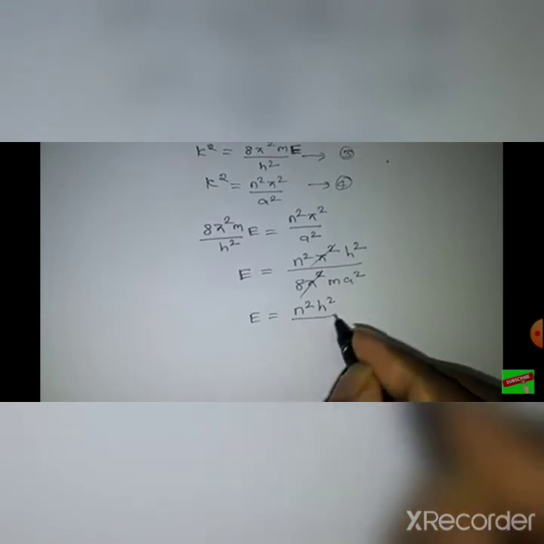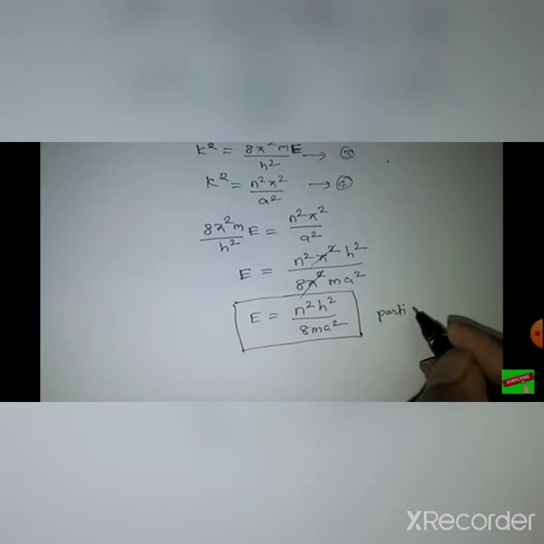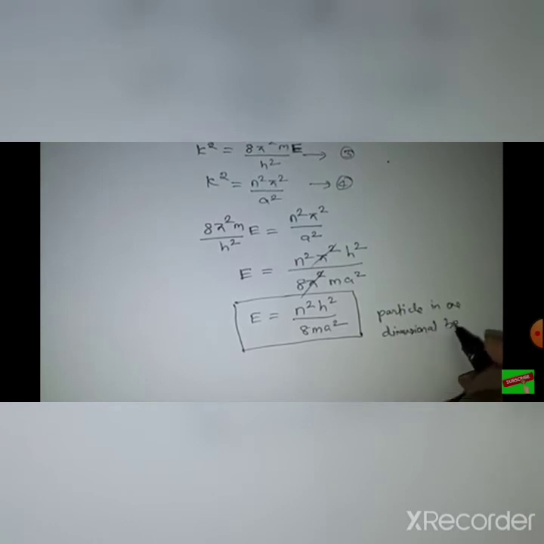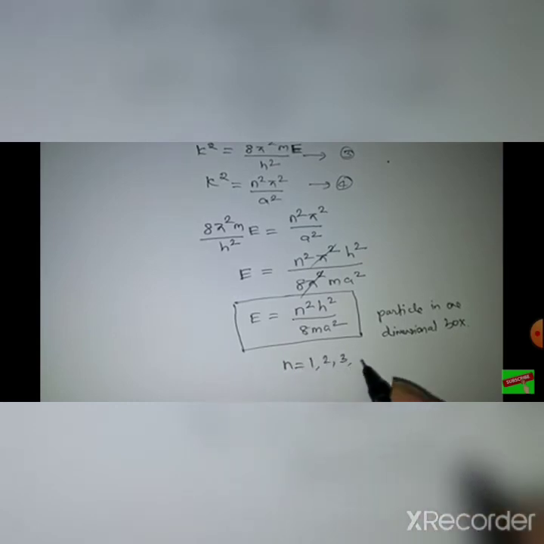Cancelling pi square, the remaining term is n square h square by 8 m a square. This is the most important formula, which represents the energy of a particle in a one-dimensional box. If we take the length of the box as L, we get L; if we consider the length of the box as small a, we get the formula as 8 m a square.